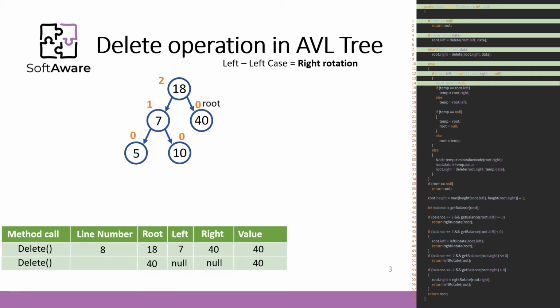Then we create a temporary node that will be used in the reformation process of our AVL tree. From line number 15 to line number 18, we check the case where one of the children is null for our incoming pointer after the node with value of 40 is deleted. So in this case, first if statement at line number 15 will be executed since temp and root.left are both null.